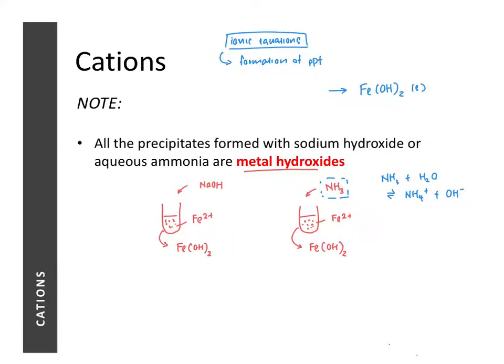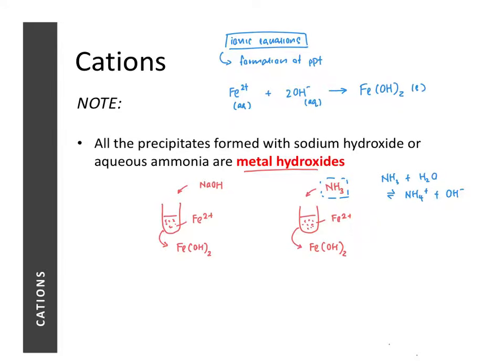The ions that make up iron 2 hydroxide will be Fe2 plus and 2OH minus. In precipitation reactions, the ions must be mixed in aqueous state, so you need to write in aqueous. So that is the ionic equation for the precipitation of iron 2 hydroxide.